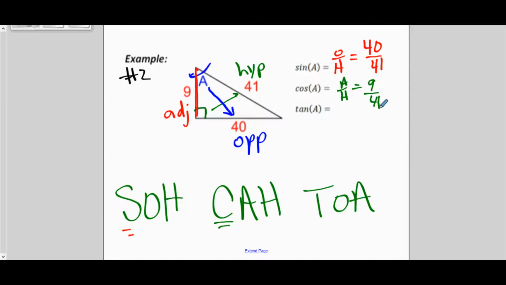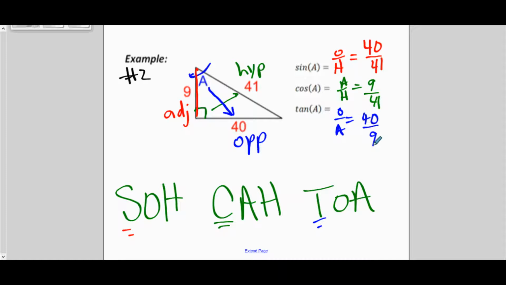It's 41 here. And then the last one is the tangent of A. So this is opposite over adjacent. So opposite is 40, and the adjacent is 9. So this would be 40 over 9. So these are your three trig functions for example 2.